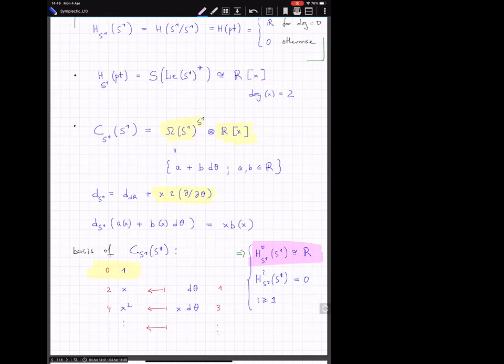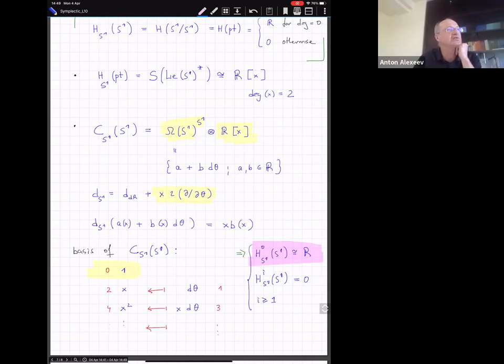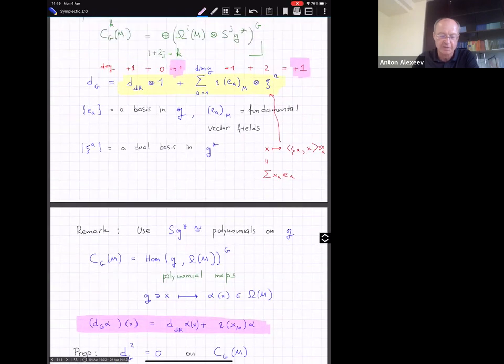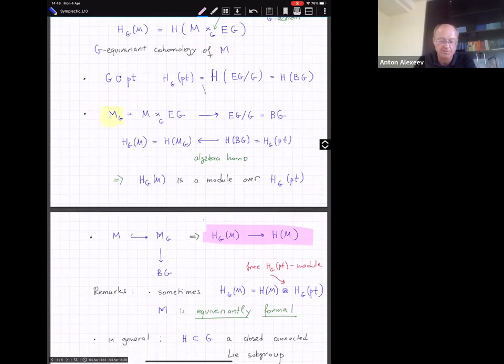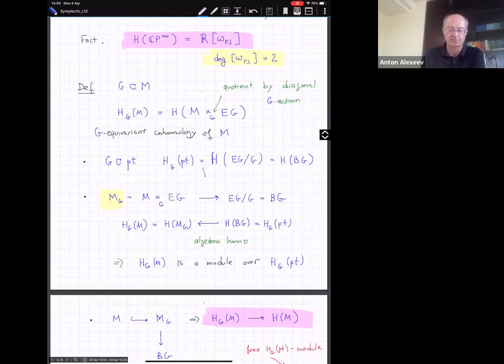Yeah, I don't know. Maybe I don't know enough of derived functors to tell you how productive it is. I can think about a more convincing answer for the next time. But you see here, one of the ideas of the definition of equivariant cohomology is that we are saying we want to associate something to M with a G action. And we reduce it to the ordinary cohomology theory of some space which may be not very convenient to work with, but still, right?